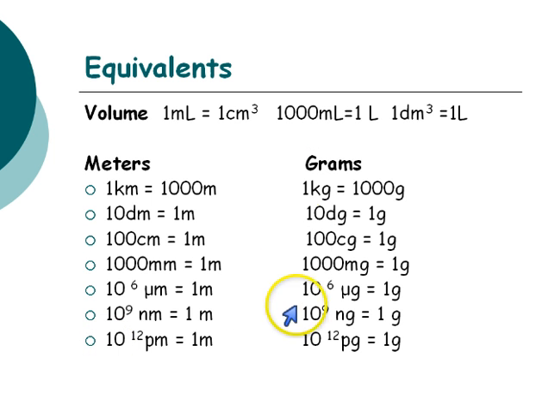These are all equivalent statements, meters and grams, and you're going to probably use these for sample problems. So it's good to have this as a reference table. Again, I have this posted in Schoology. I would suggest you should probably print it off, so it'd be handy when you do calculations.